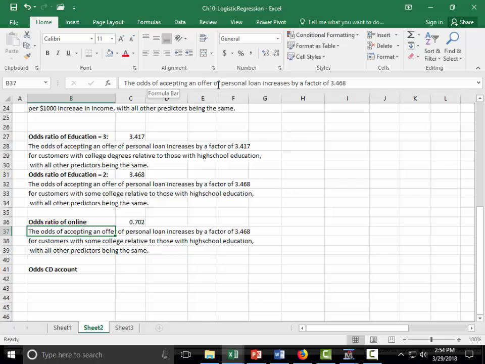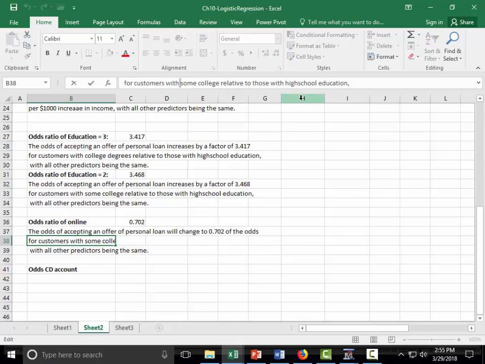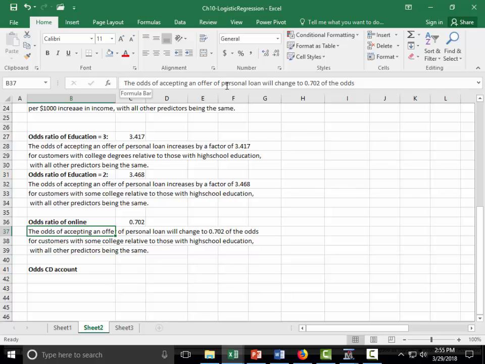So the odds of accepting an offer of a personal loan will change to 0.702 of the odds for customers with high school education. Will change the odds of accepting an offer of a personal loan.